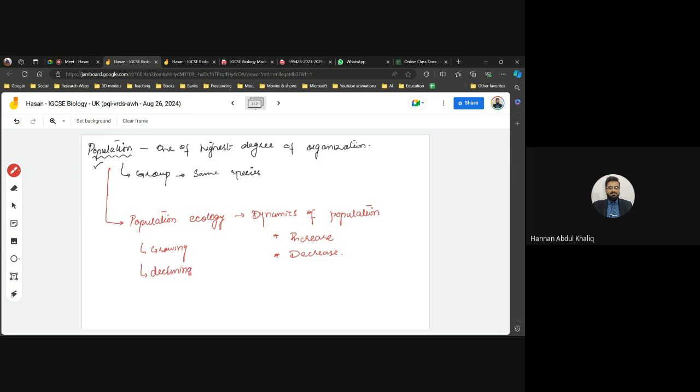And then, is there a pattern of population growth? All these are answered in population ecology.